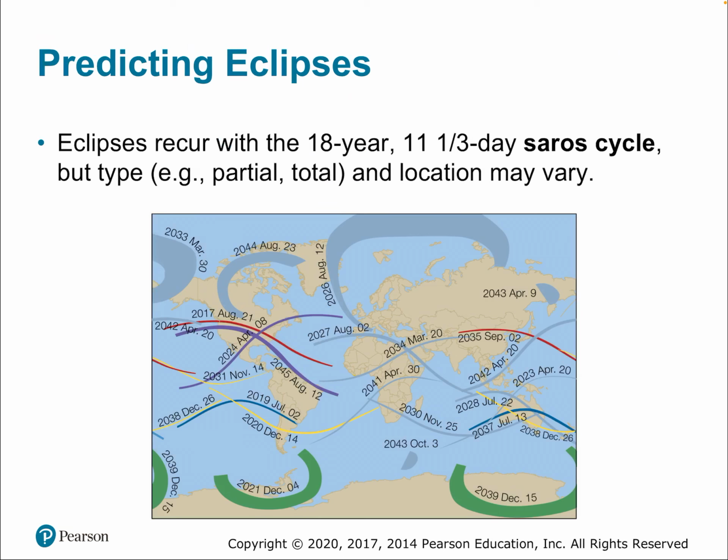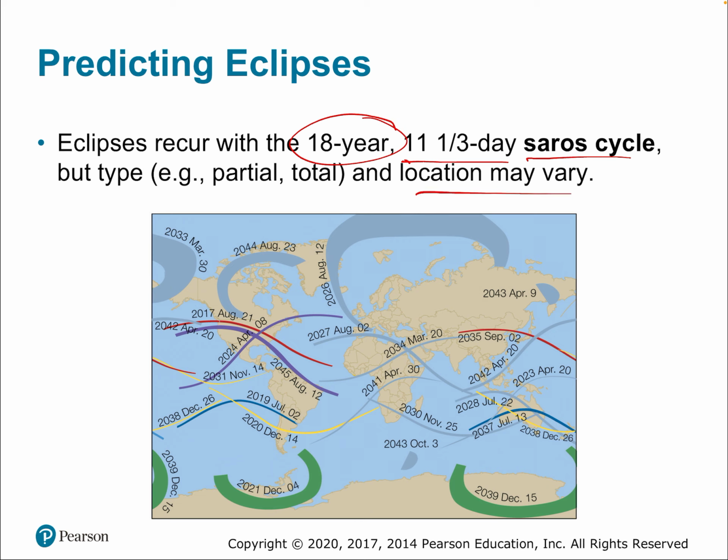So eclipses reoccur with an 18-year cycle, all right? Which, more accurately, is 18 years, 11 and 1/3 days. This cycle is known as the Saros cycle, all right? And it's going to lead to different types, partial, total, even annular eclipses in rare cases, and the location varies, okay?